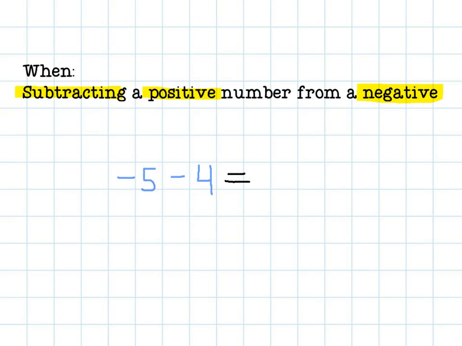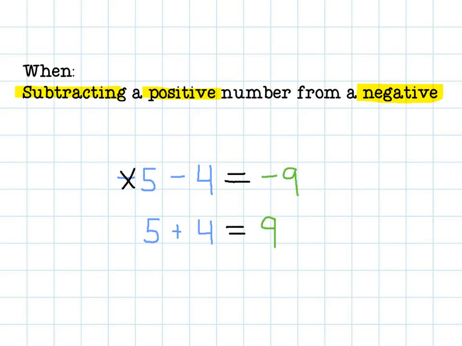But now that you removed the negative, you have to turn the minus into a plus. Now I can just do the math and add a negative to this number. So the answer is negative 9.